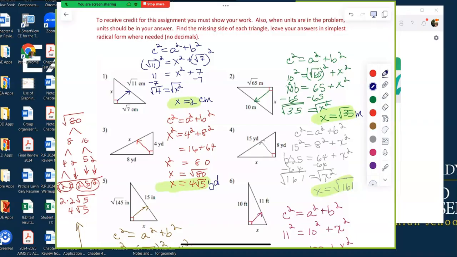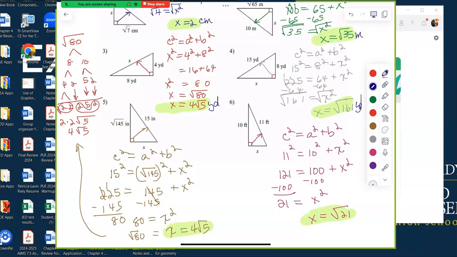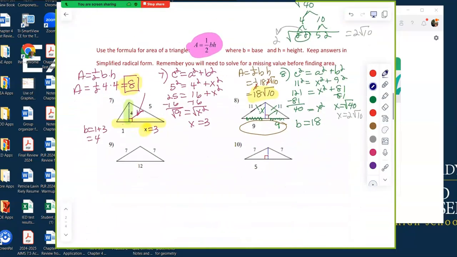Problem 4 should be yards. Problem 5 should be inches. And problem 6 should be feet. If they give you units in the final answer, you should give them back units. There are no units here, but if there were units, the units would be squared units.